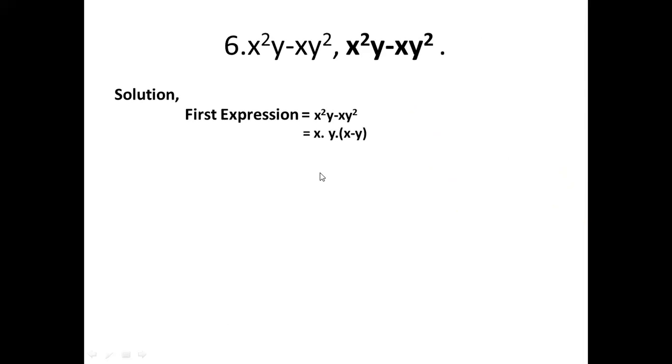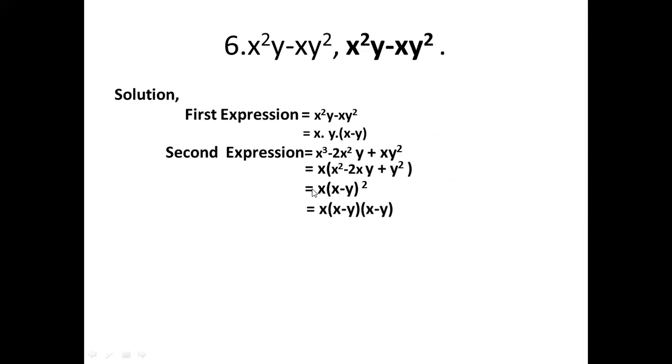And the second expression: x cube minus 2x square y plus xy square. x is common, then x square minus 2xy plus y square remains. And here it is x into x minus y whole square. x minus y whole square means x minus y into x minus y.